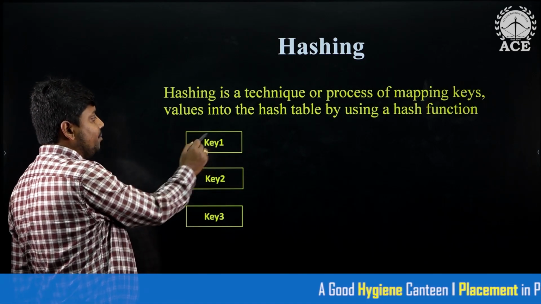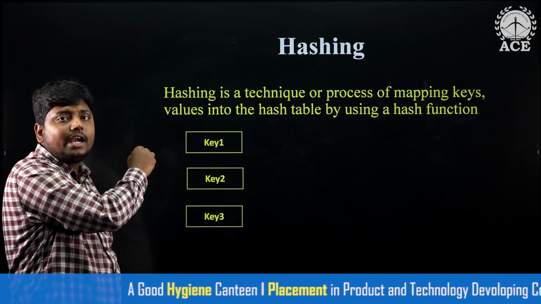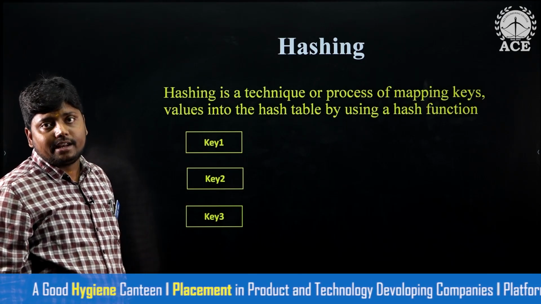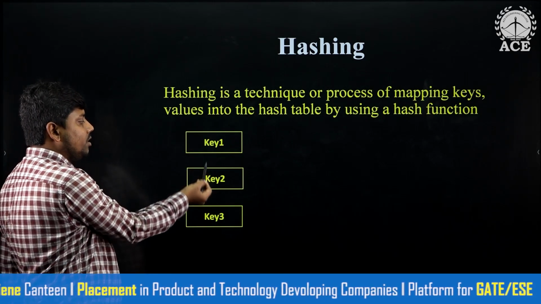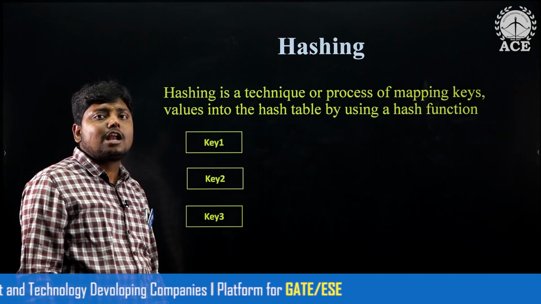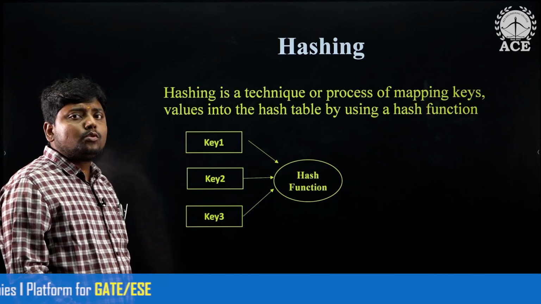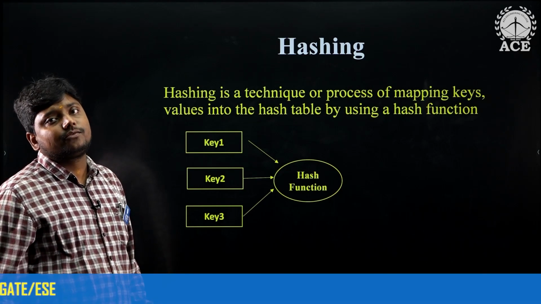We have some elements, key 1, key 2, key 3, which were the elements we recalled in our last example of the array. These key 1, key 2 and key 3 are mapped to a hash table with the help of a hash function.